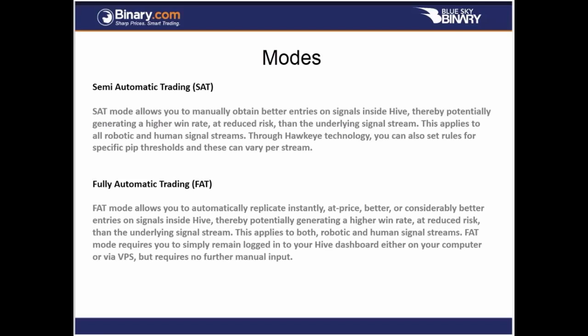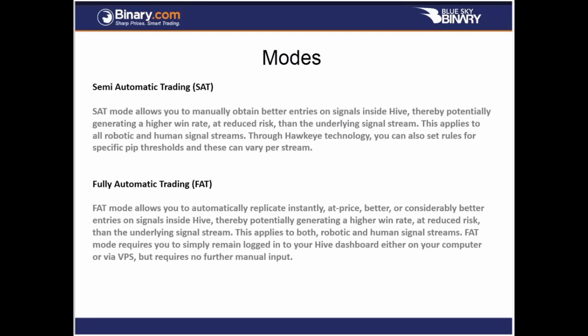And we also have the fully automatic mode, also called the FAT mode. So the FAT mode allows you to automatically replicate instantly. And by instantly, it means from half a second to a maximum of 2 seconds for the replication.